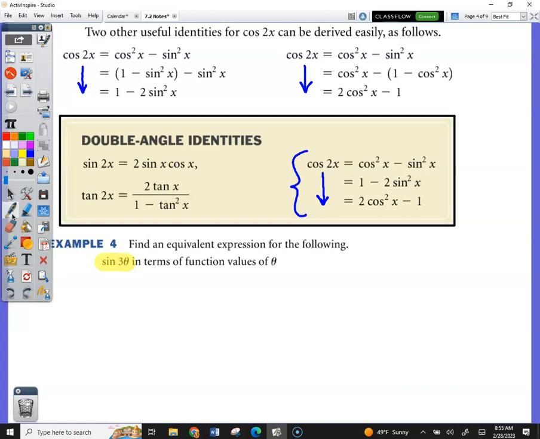How do you know when you're dealing with this? When you see some type of multiple in front of the angle, that's your indication that it's a double angle formula. It's not a regular angle. In this case, it's a triple, which means I need to be using my double angle formula.